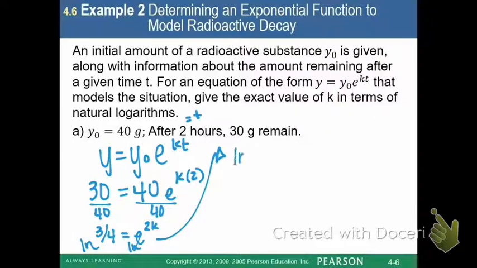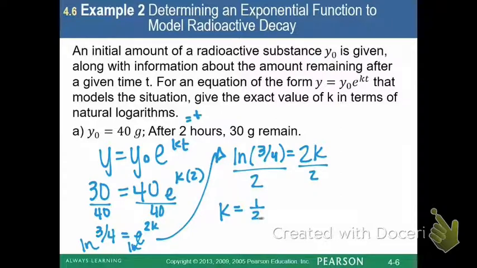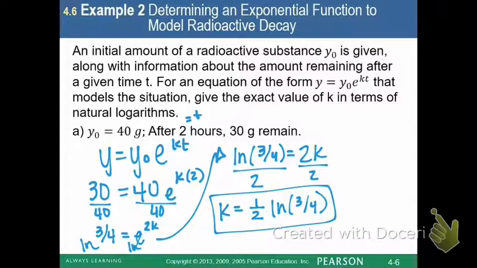So I have natural log of 3/4 is equal to 2 times k. So now I just need to divide by 2. Now I think the way the book writes it, it moves that as a fraction out in front. So they would write it as 1/2 times the natural log of 3/4. Okay, but you can really leave it as either. I just wanted to show you in case you were a little confused when you check your answers in your book.